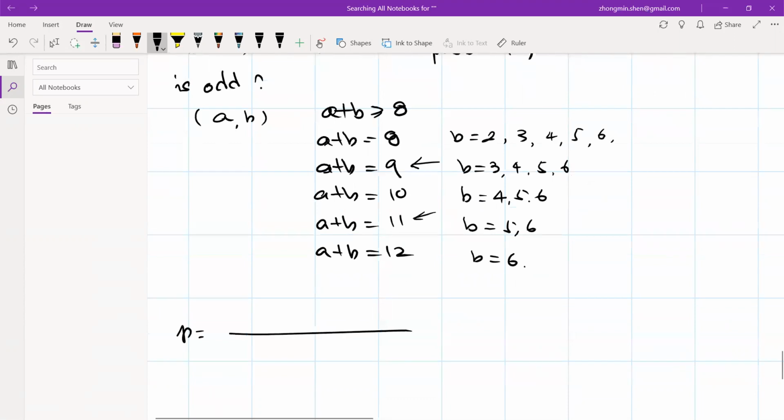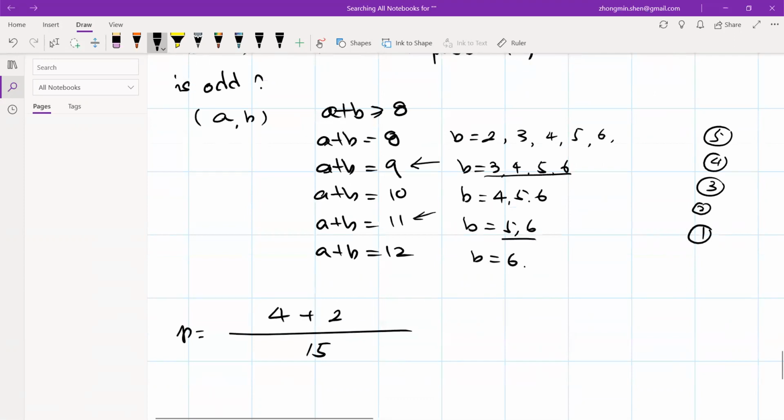How many totals of probability? The number of all possible outcomes will be 5 here, 4 here, 3 here, 2 here, and 1 here. So that is going to be 15. Then you just look at those giving you the odd sum.